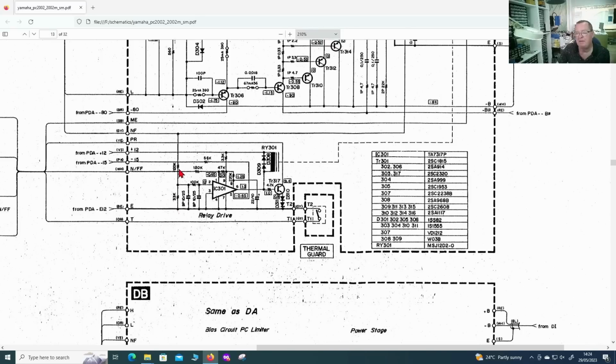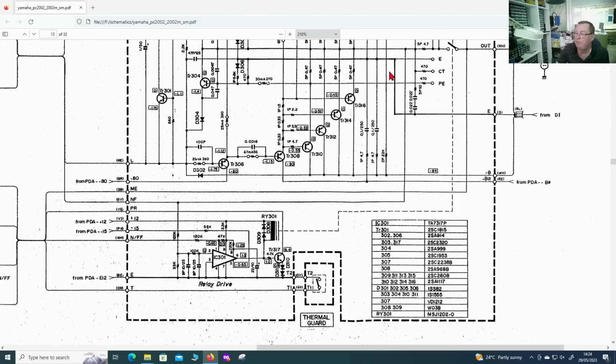So roughly speaking, 120 to 30, this resistor is 4 times bigger than that one. So 4/5 of the output voltage will appear across this resistor and 1/5 across here.